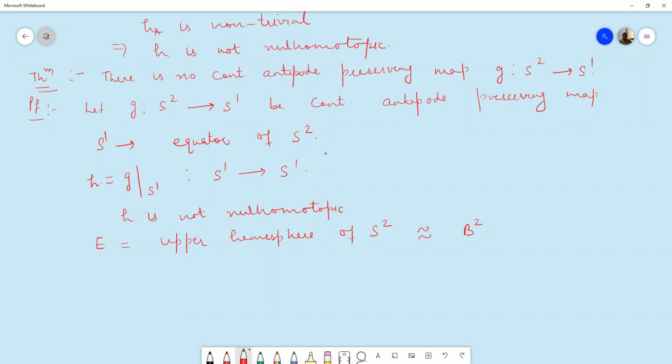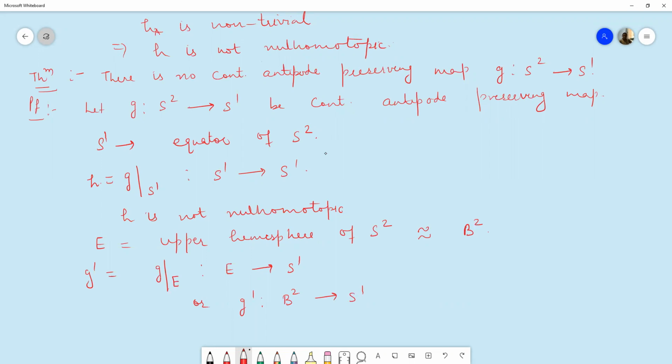If we restrict this G to E, let us say G dash is the restriction of G to E. Then this G dash is basically a mapping from E to S1, or we can say G dash is a mapping from B2 to S1 because E is homeomorphic to B2.